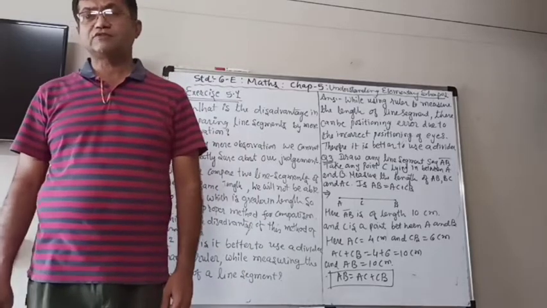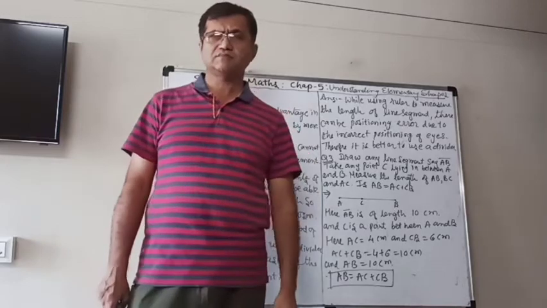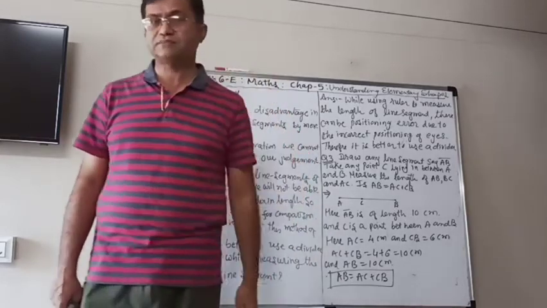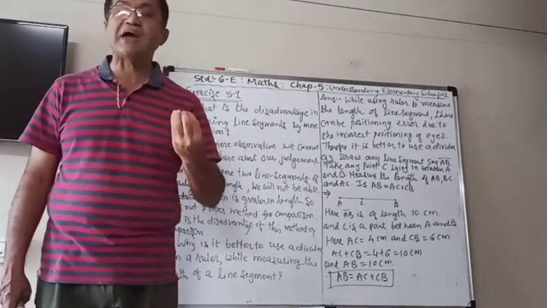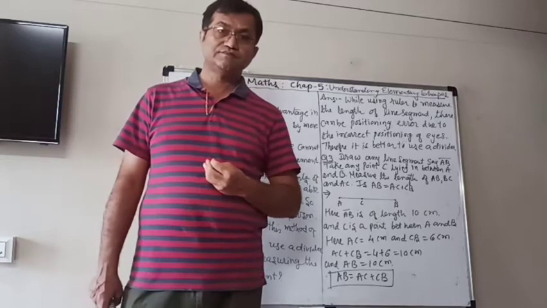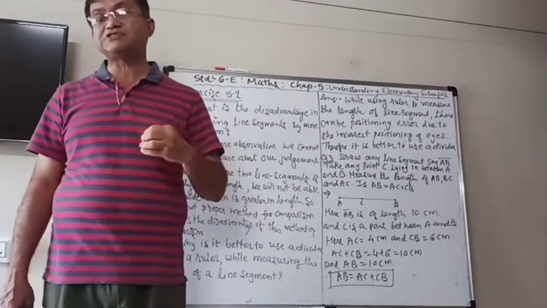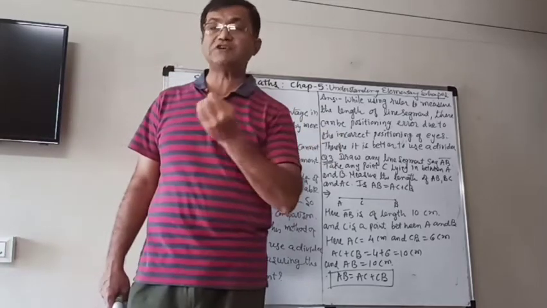But when two line segments have a minor difference, means they have almost the same length, then it will be very difficult to decide which line segment will be greater or which will be smaller.